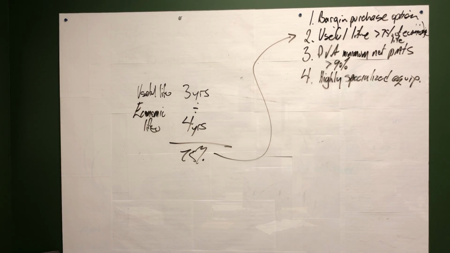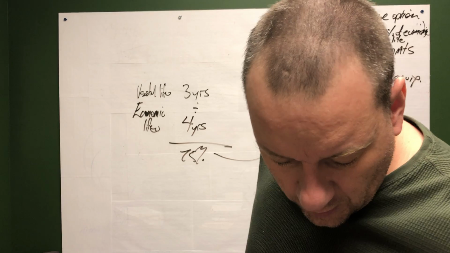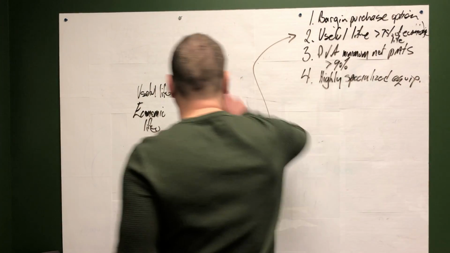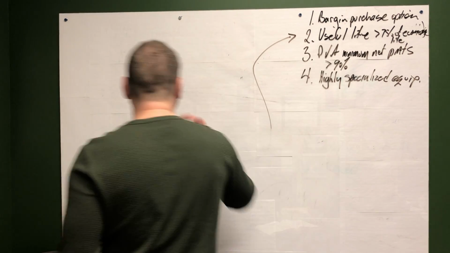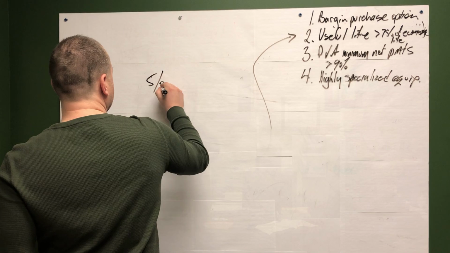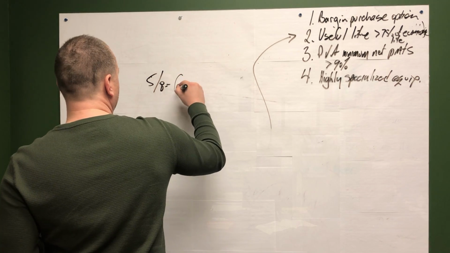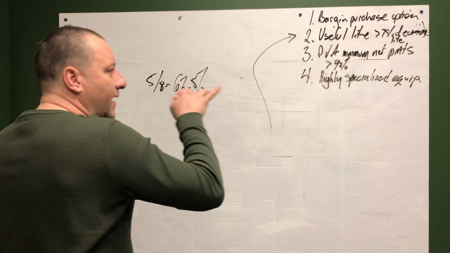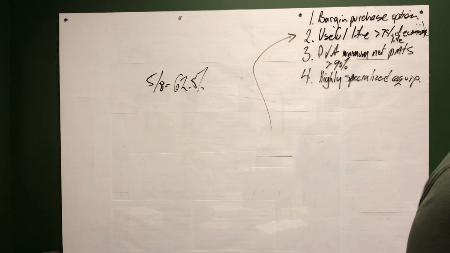The economic life of the leased asset is 8 years. So the lease term is its useful life, and we just go 5 divided by 8. That's going to be 62.5%. So it's not hitting that greater than 75% of the economic life criteria.